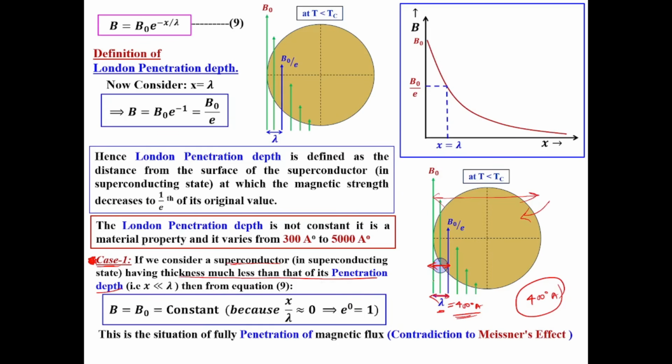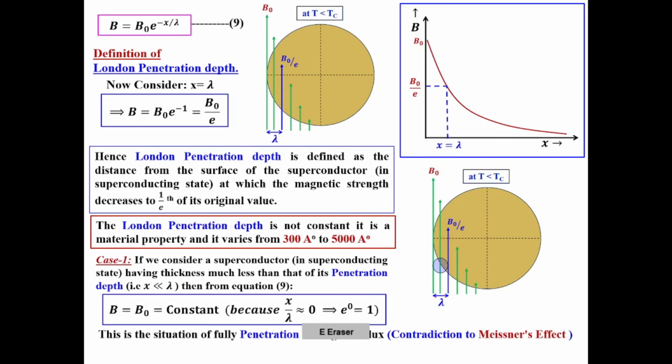The penetration depth is this much, and I consider the thickness this much, less than the penetration depth. Then here you can see that in this length the magnetic flux seems almost constant, but above that it decreases. As much as we move inside the superconductor, it decreases. This is the graph of equation number 9 that we explained.